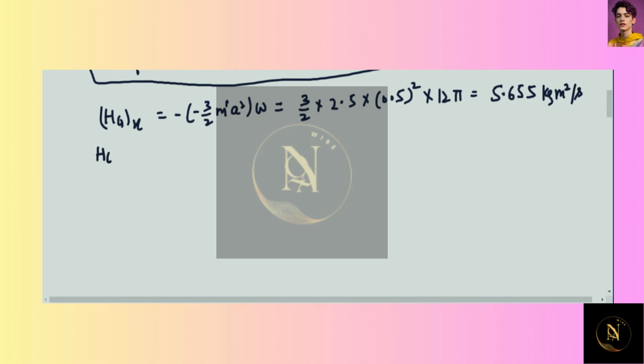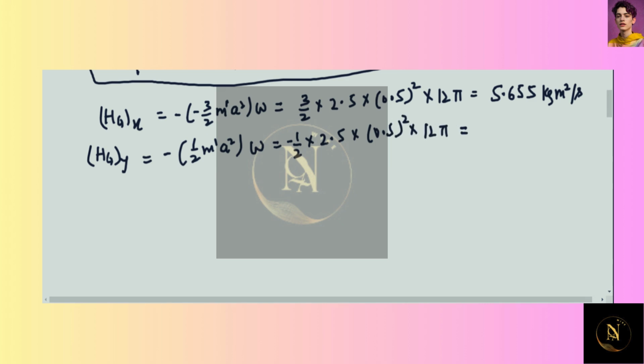The y component of it, minus half m dash a square omega, with mass m dash having the value 2.5 kg, a having the value 0.5 meter, omega is 12 pi radian per second. So this will be minus 1.8850 kg meter square per second.